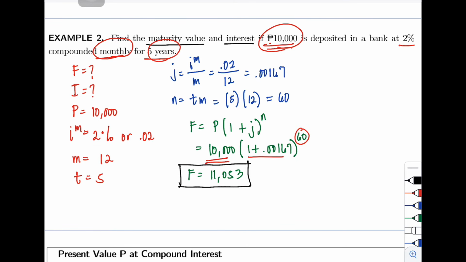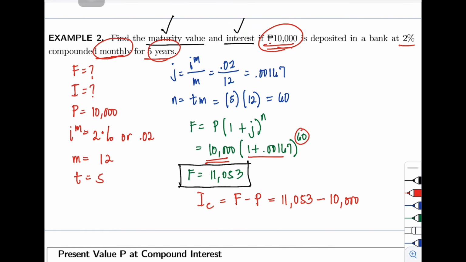Then, to solve for the interest, since dalawa yung pinapahanap, maturity value and the interest. So, para makuha natin yung ating interest dito sa compound, that is equals to F minus P. Ang F natin is 11,053 minus yung principal natin, which is 10,000.